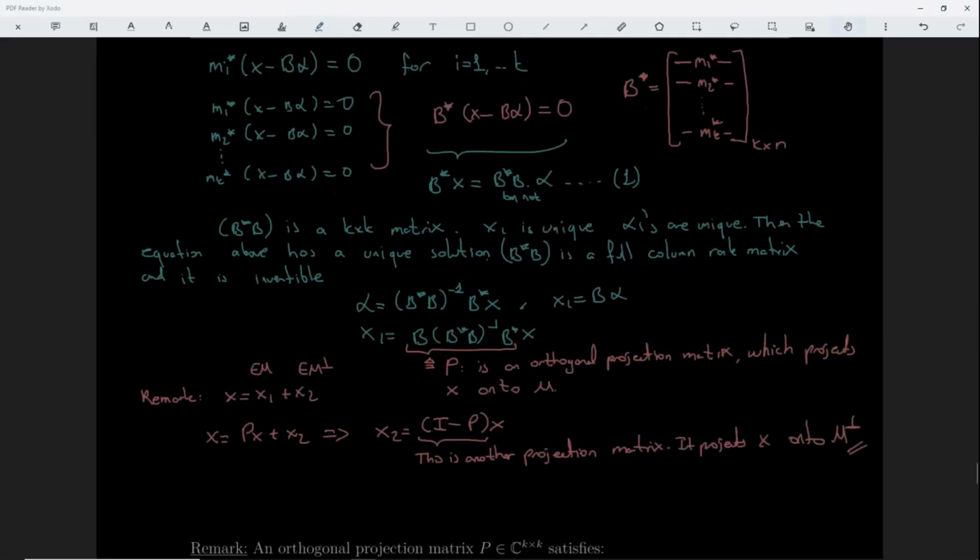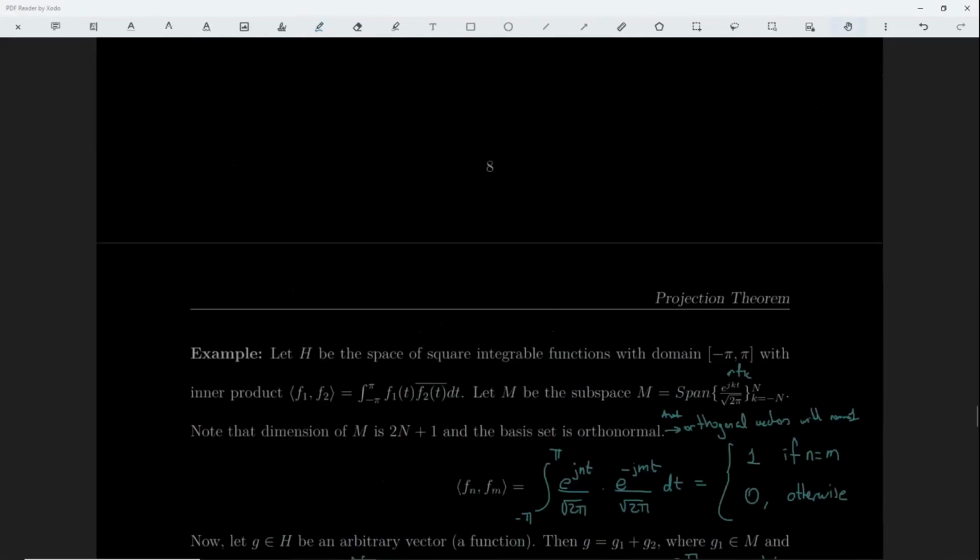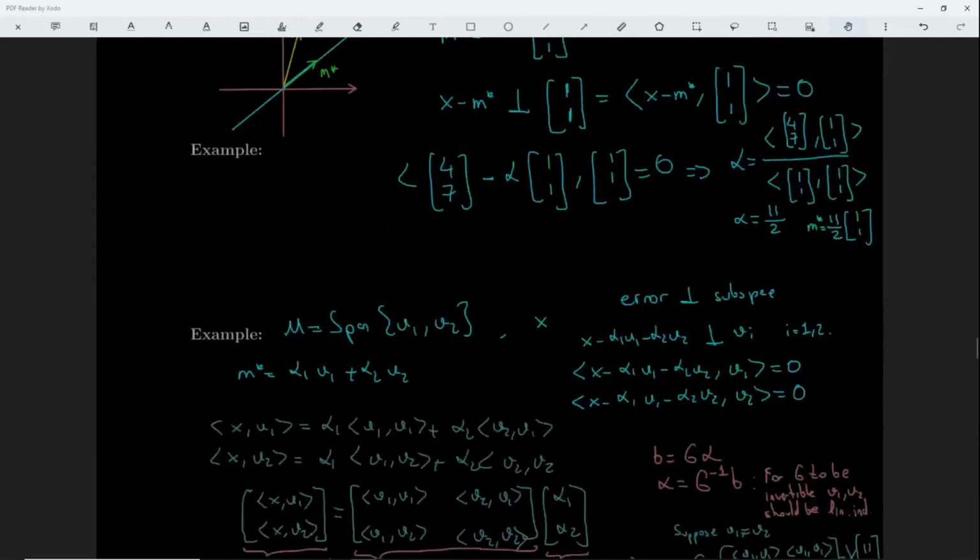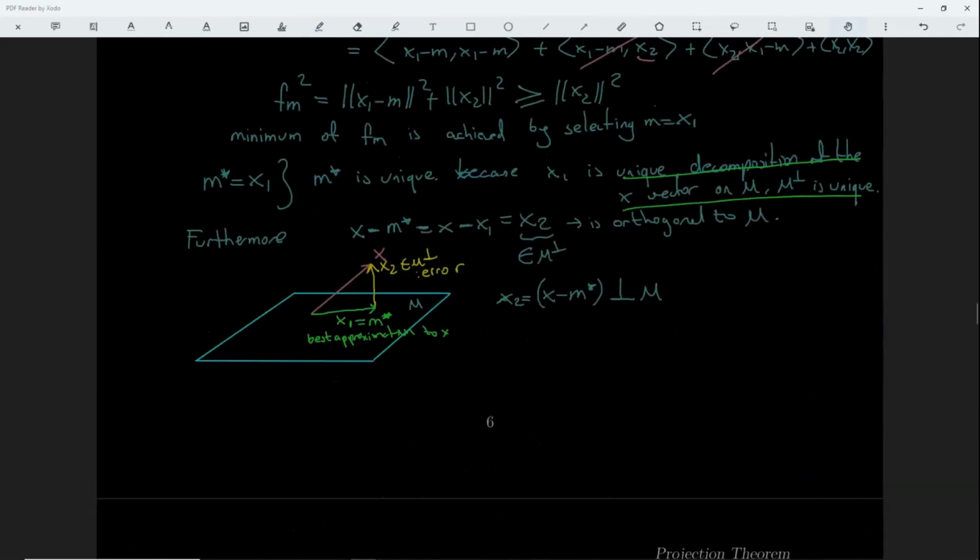And the reason is as follows. Let's go to our projection theorem picture. Where is it? Okay, somewhere over here. In the very last example, we talked about that.